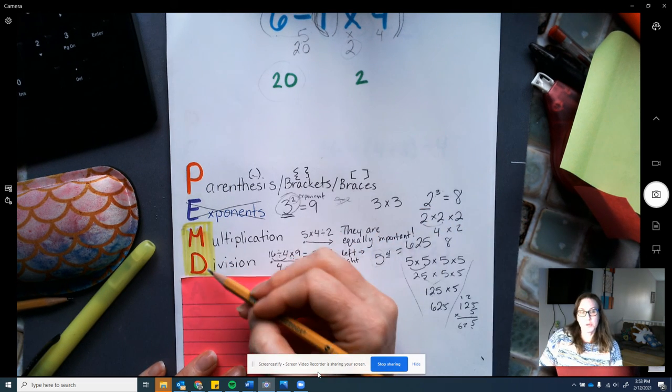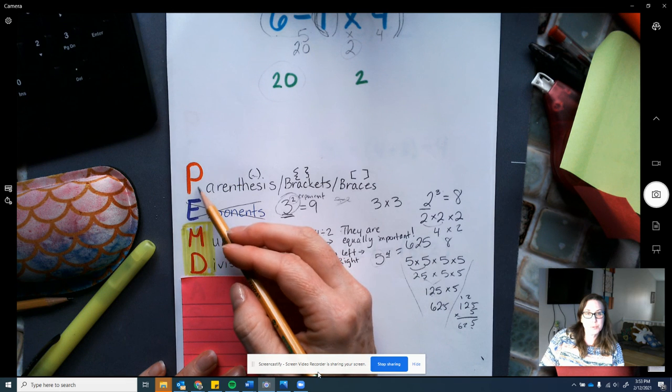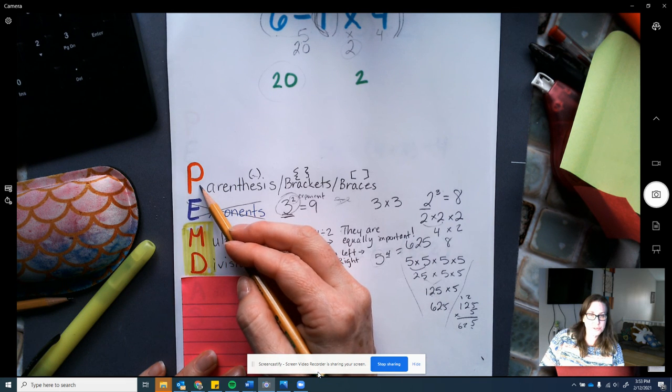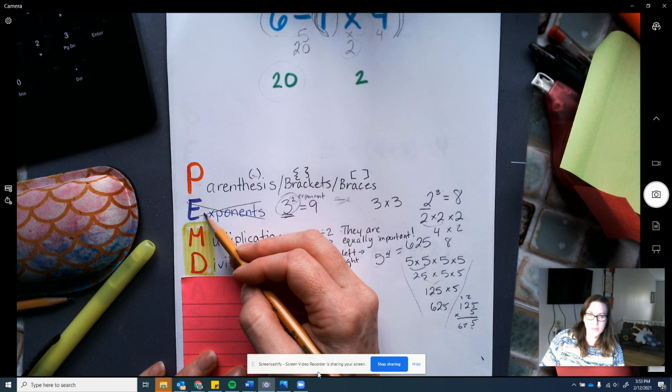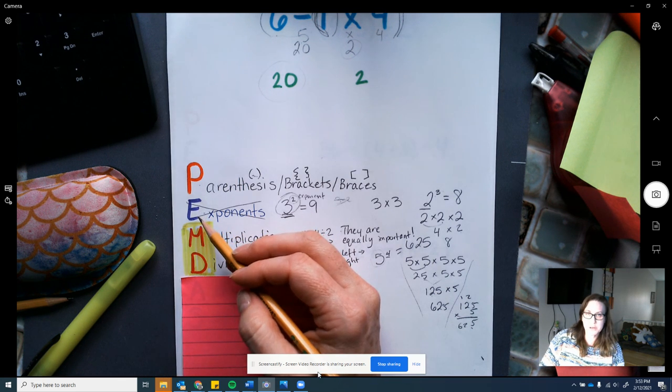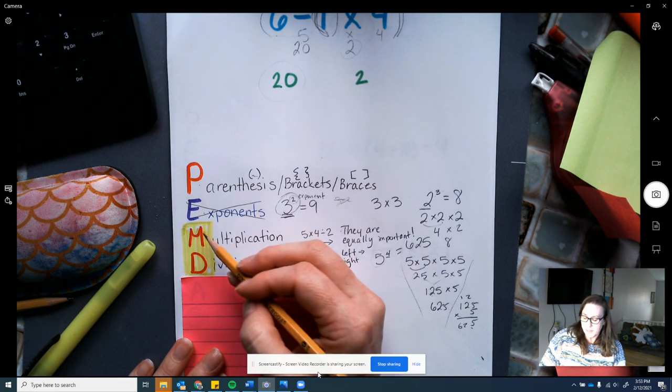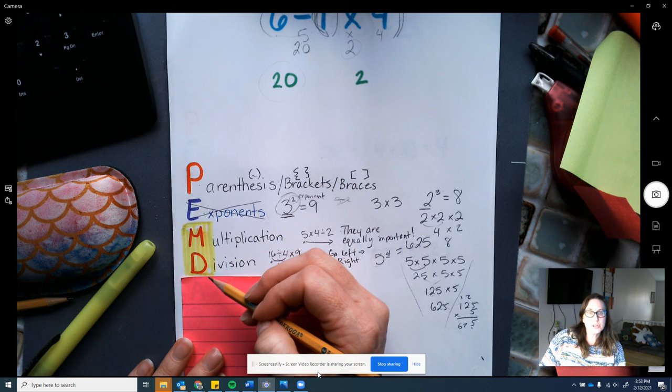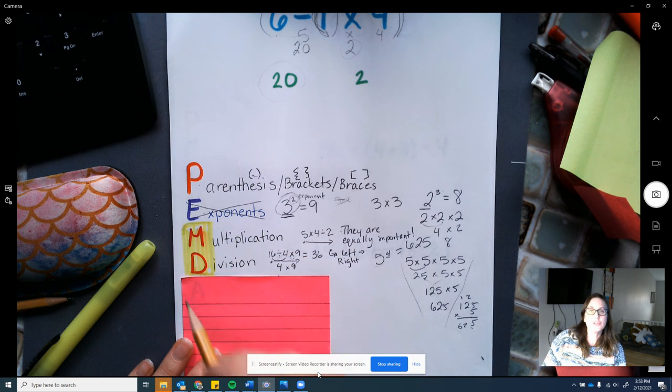Okay, so multiplication and division are after parentheses. You do everything in parentheses first. You do all the exponents, which we're not going to have to worry too much about in 6th grade. Then if you see any multiplication and division, then you do those. If you have both of them, you go left to right.